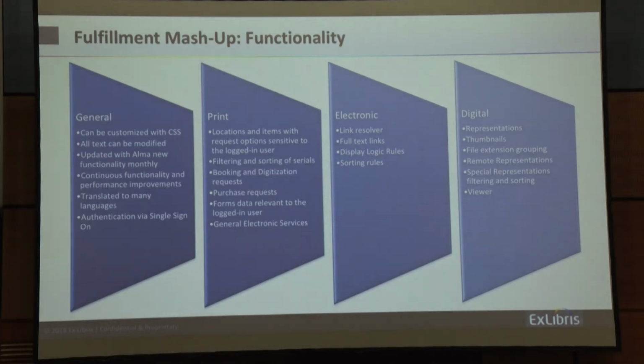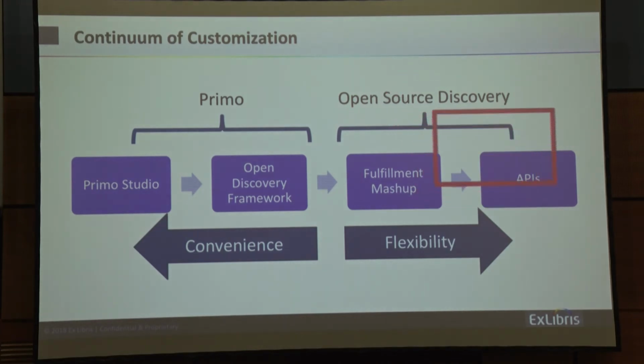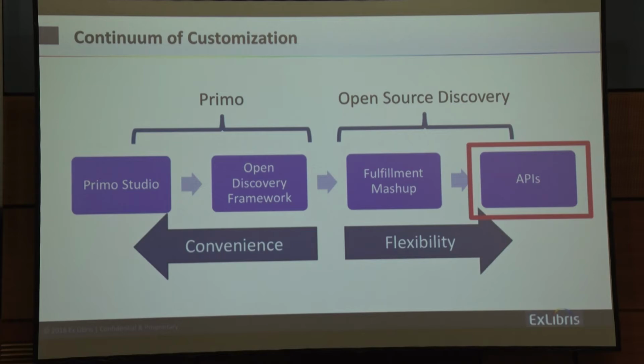And this is all this complex fulfillment logic, right? I'm not going to read this whole slide, but there's a lot of stuff that little mashup does. So you can utilize that if you want to within your own interface. And then finally, I can go all the way over to the right and I can utilize these APIs to build out my interface.